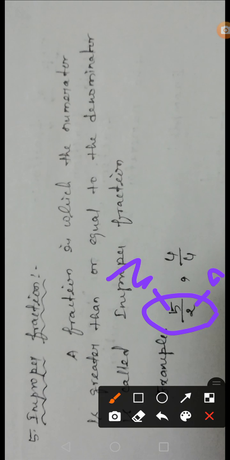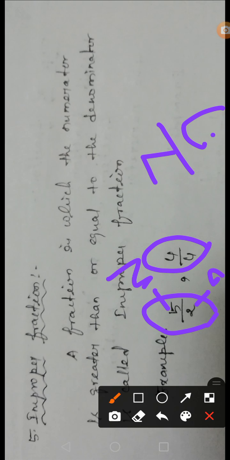The numerator is greater than the denominator, so that structure is an improper fraction. Otherwise, if the numerator and denominator are equal, that is also an improper fraction. 4 by 4, 7 by 7 are improper fractions.